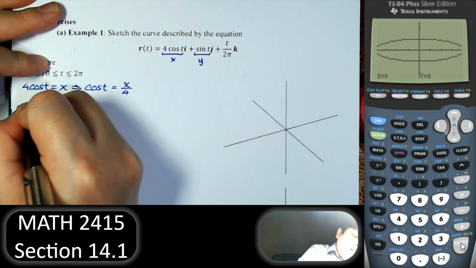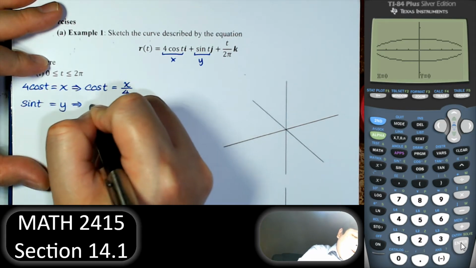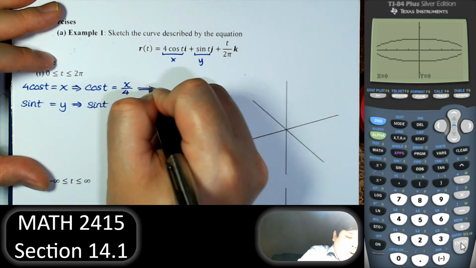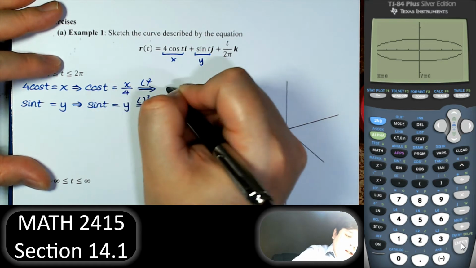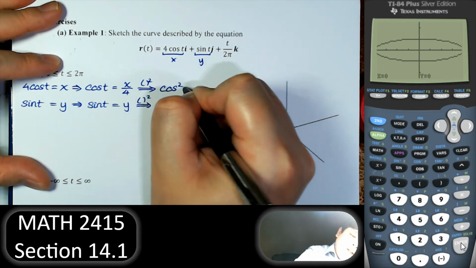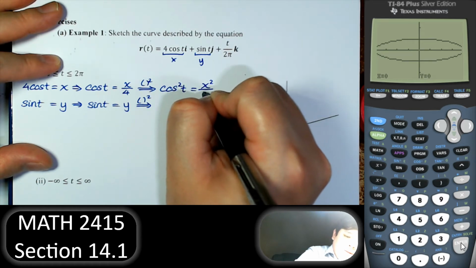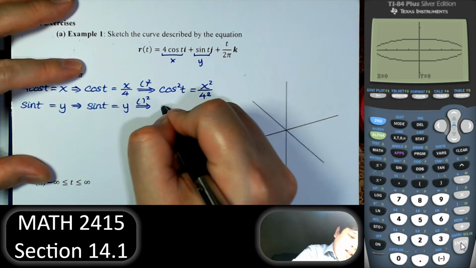And let sine of t be y. Now let's square both sides. We have cosine squared and sine squared.